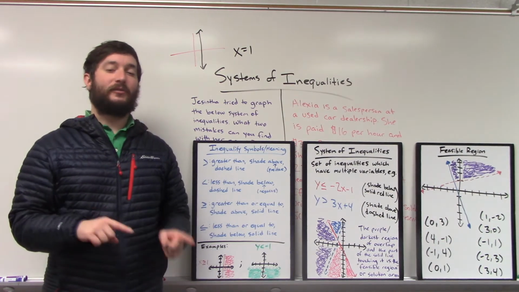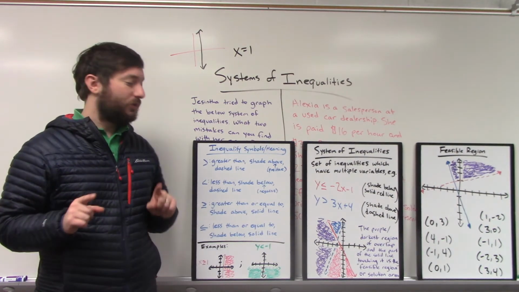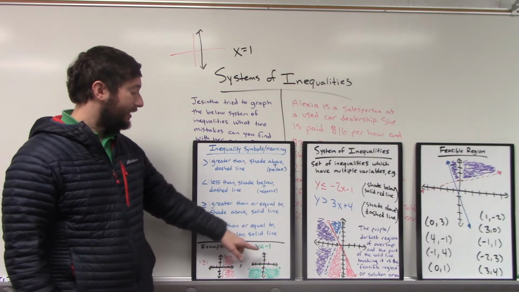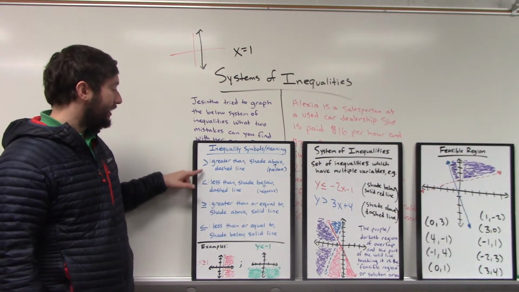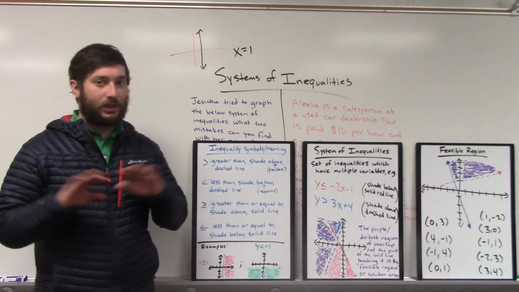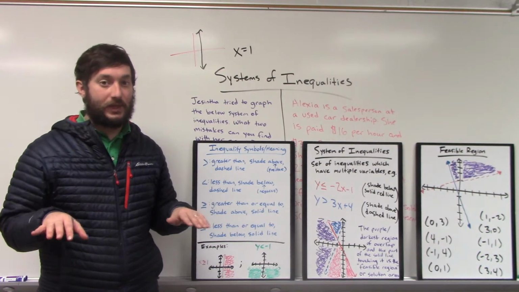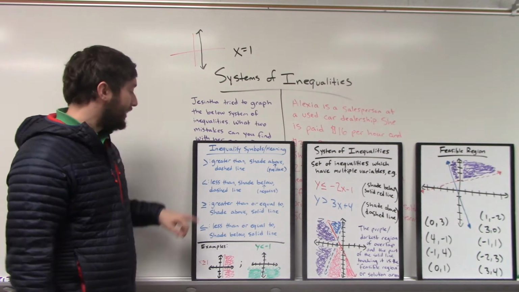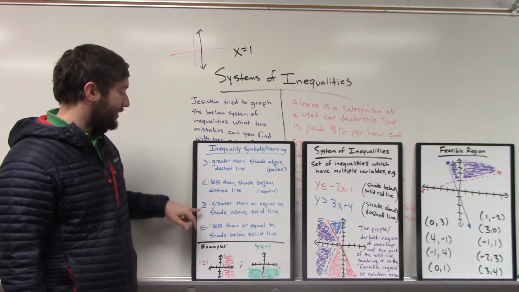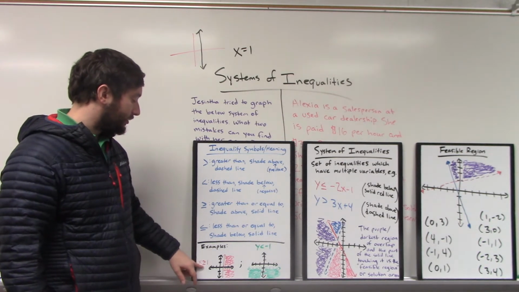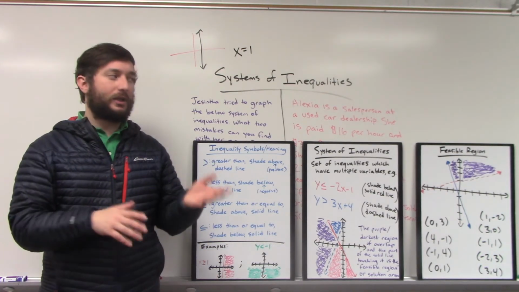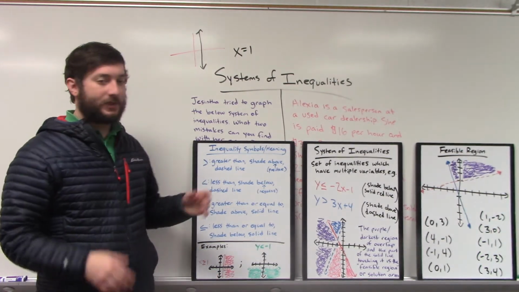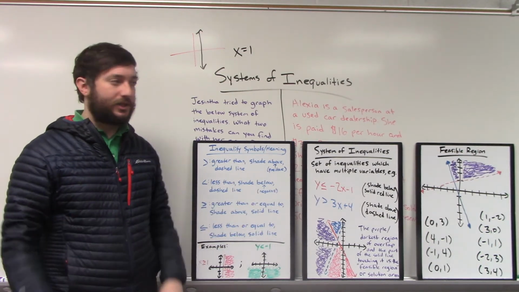Negative 1 itself is not less than negative 1, so we do not have a solid line in this case. So if you don't have a solid line with your inequality, you don't have a solid line on the graph. You have shading, you don't have a solid line. If you do have a solid line in your inequality, you do have a solid line in your graph, as well as some shading. So it's the difference between a dashed versus a solid line.